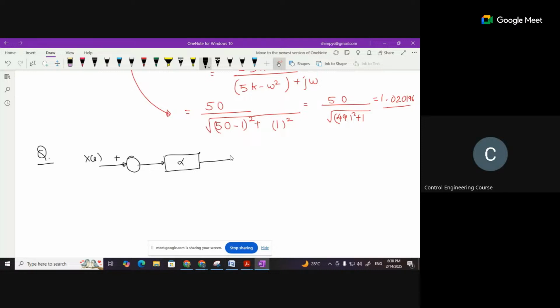Alpha, then we have beta 2 divided by s square plus beta 1s plus beta 2, and this gives the output y of s, and this is a closed loop configuration having a feedback of 0.2.